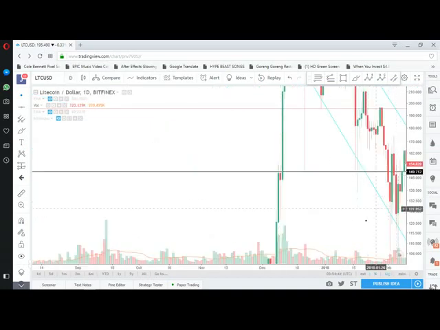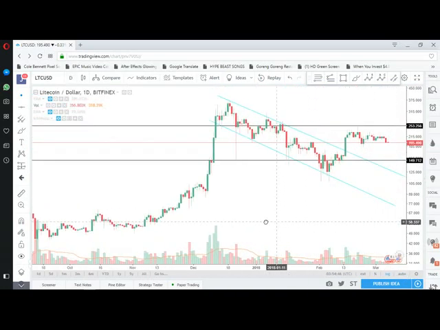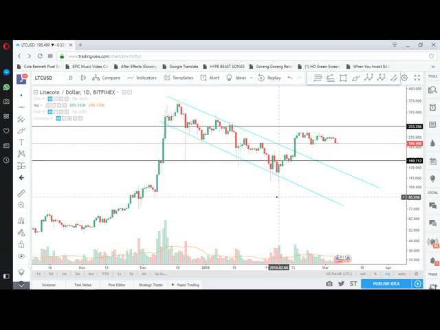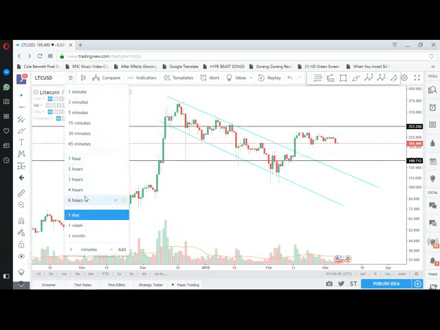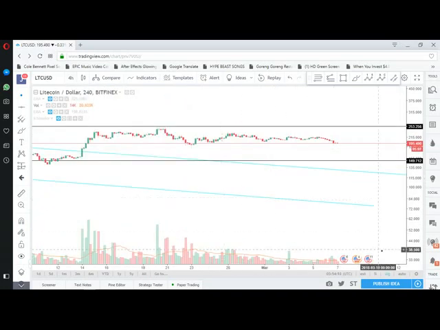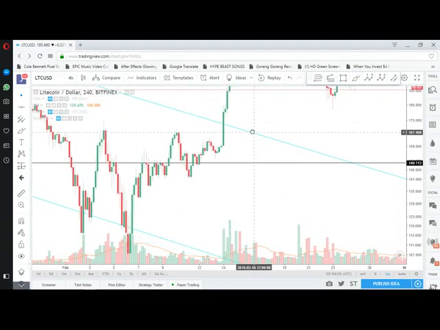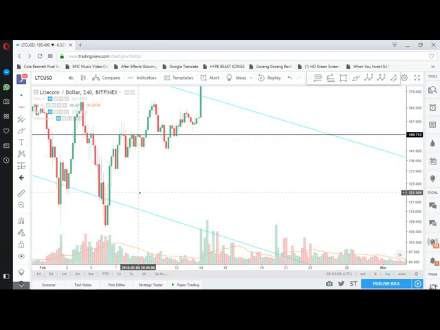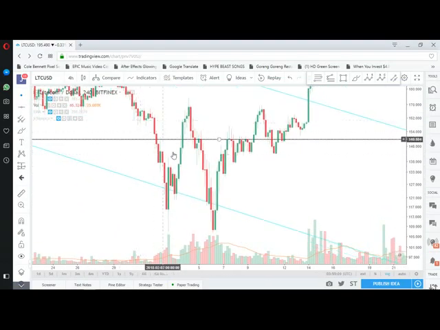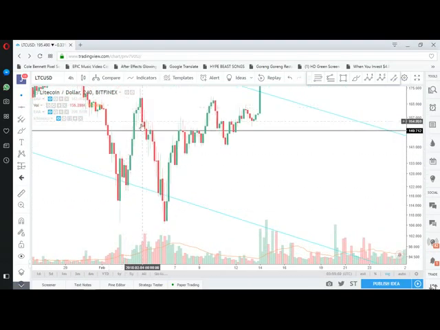Should I do this on a daily? Daily, baby. Okay. So the correction stopped here. No. We saw a breakout impulse here. This is the bottom of the correction.